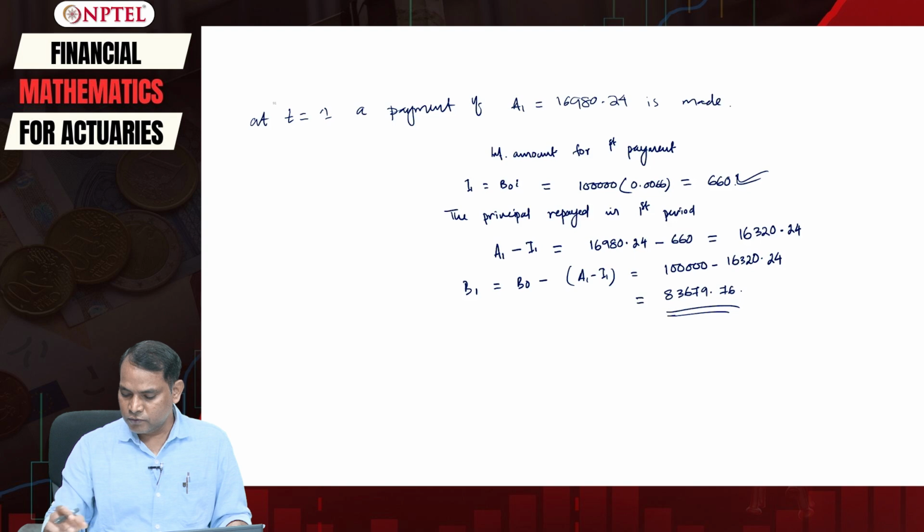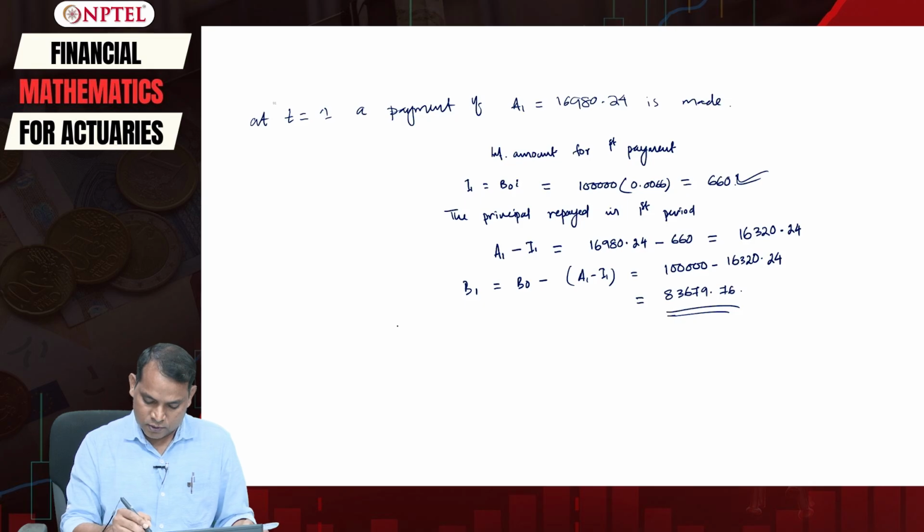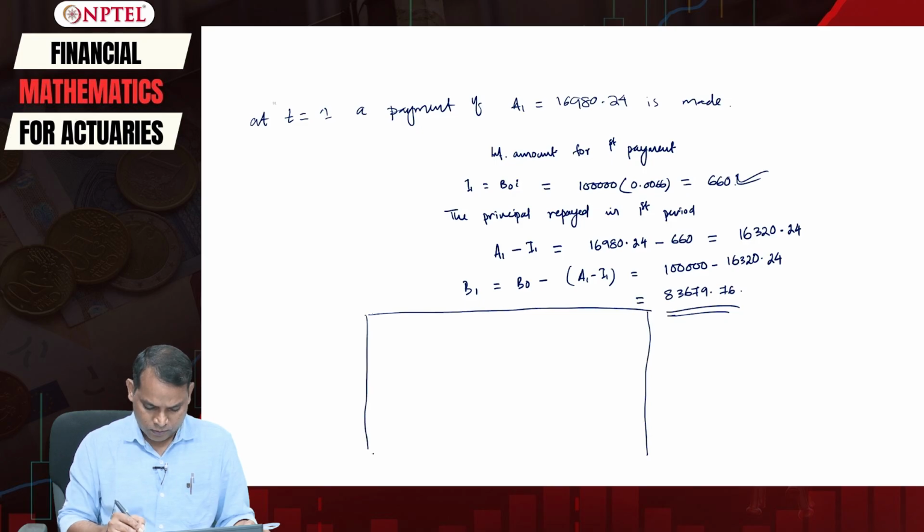So now we can easily construct the loan amortization table. So put all the values in a table and then we can construct the loan amortization table. Let us do that. Let me construct it here in this way.